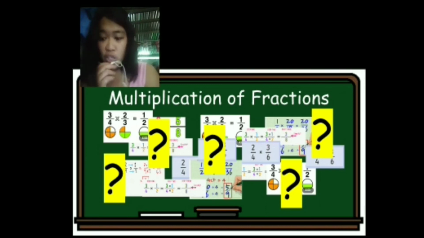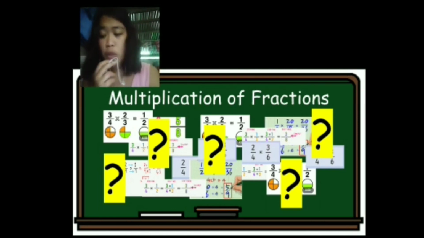And then the fraction can also be simplified before multiplying by factoring out common factors in the numerator and the denominator. That's what you need to remember when it comes to multiplication of a fraction. So we need to remember that, and you can get the answer easily. You need to follow the step-by-step process to solve the multiplication of a fraction.